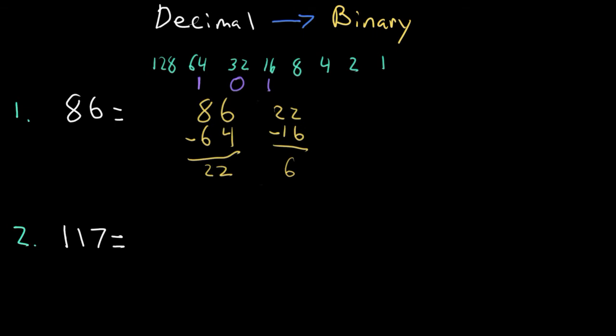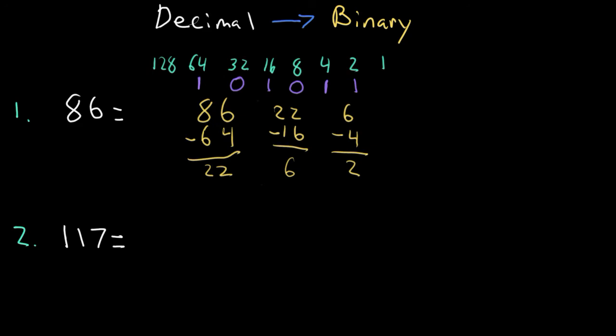Now, does 8 fit into 6? No, it does not. So we're going to put a 0. What about 4? Does 4 fit into 6? Yes, it does. So we're going to do 6 minus 4. That equals 2. So we're going to put a 1 where the 4 is, because that did fit. What about 2? Does 2 fit into 2?